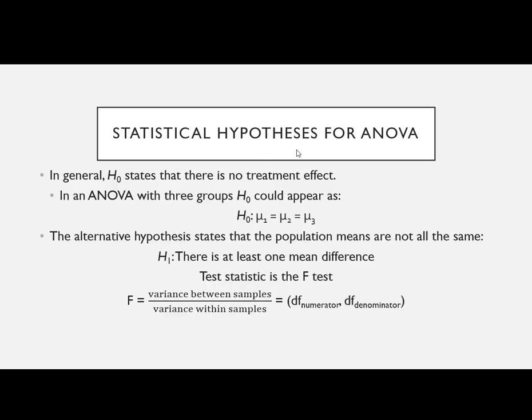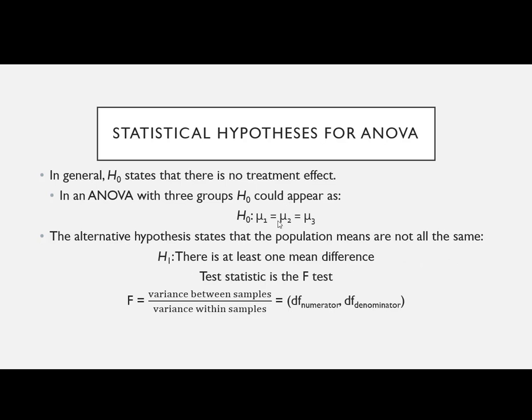So the statistical hypotheses for ANOVA: in general, the null hypothesis states that there is no treatment effect. In an ANOVA with three groups, the null could appear as the mean of the first group is equal to the mean of the second group, which is equal to the mean of the third group. The alternative hypothesis states that the population means are not all the same.